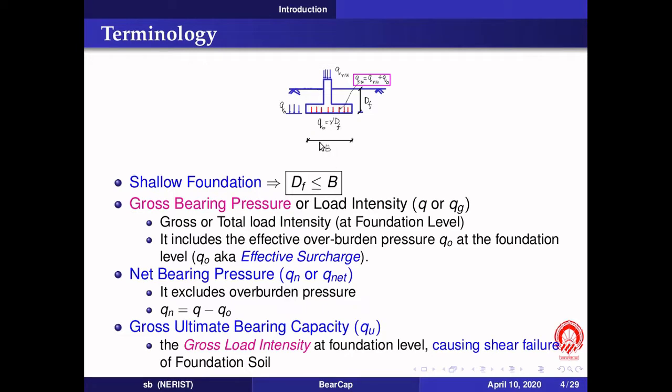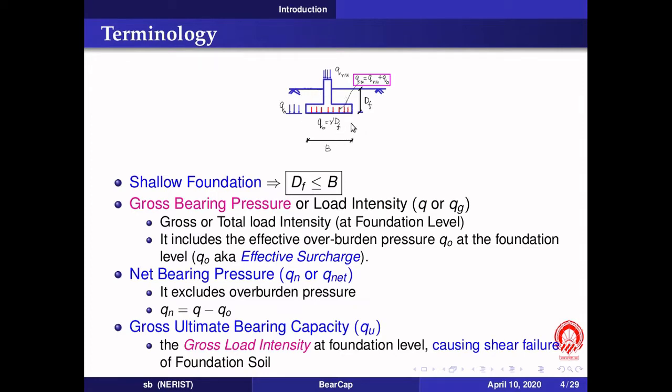This was the definition given by Terzaghi and has been universally accepted. So in a shallow foundation we basically don't rely upon the side soil resistance to resist the load. Primarily we resist the load through the resistance of soil below the foundation.